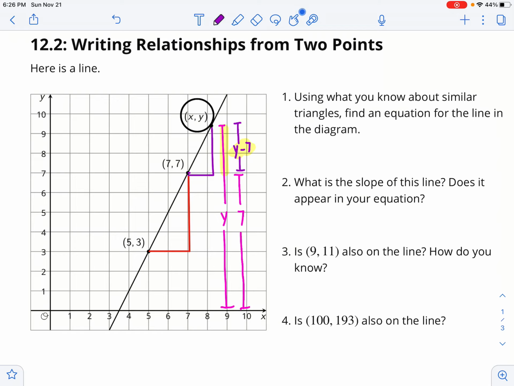We know that the base of the triangle is not x, because x would be from our coordinate all the way over to the y-axis. Instead, it's x take away these 7 units, because our base starts right here. And so this width here is x minus 7.